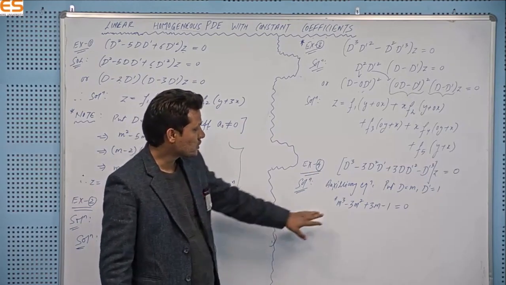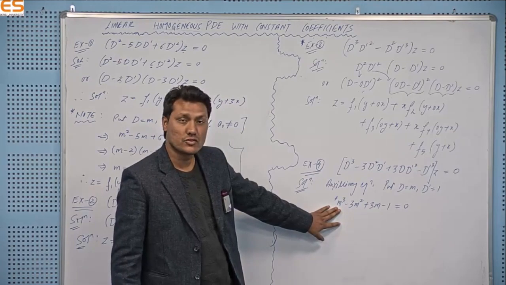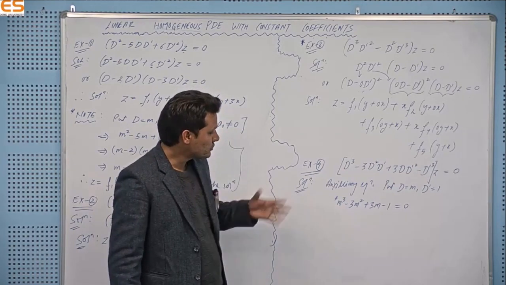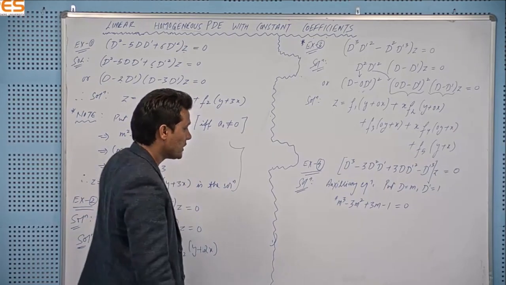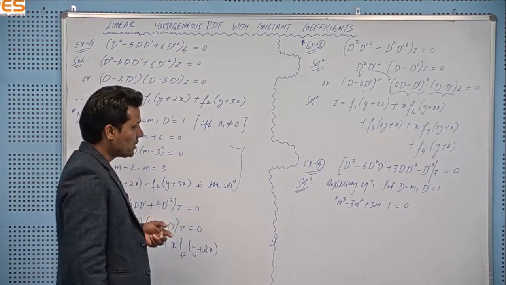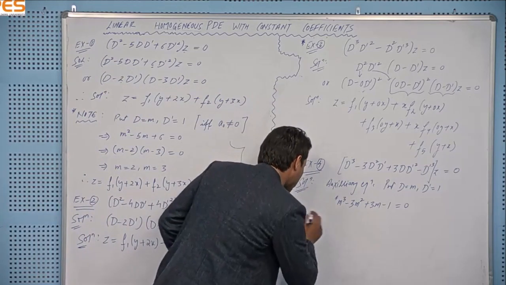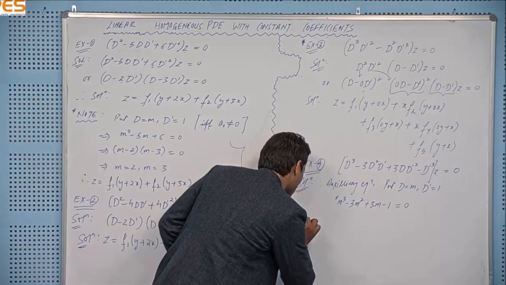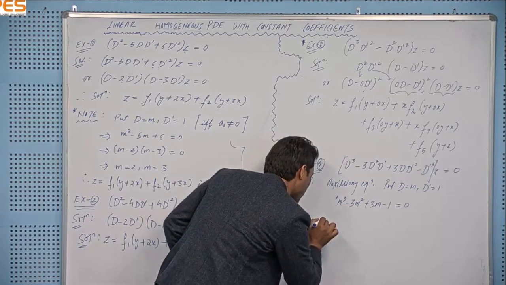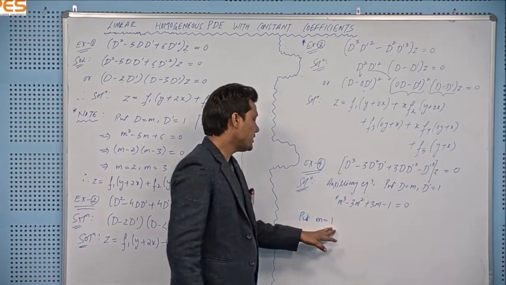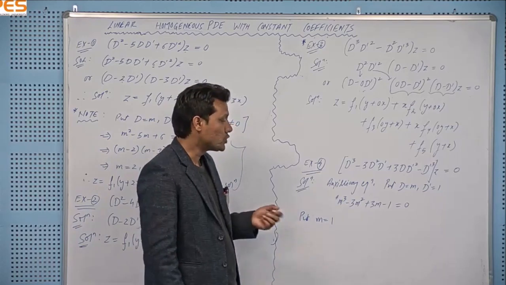By trial, because it's a cubic equation, it cannot be solved directly as in the case of a quadratic equation. So you have to make a guess to at least find its first root, and the perfect guess would be plus minus 1. And why is it plus minus 1? Take m equal to 1. Why not m equal to 0, or why not m equal to 2?